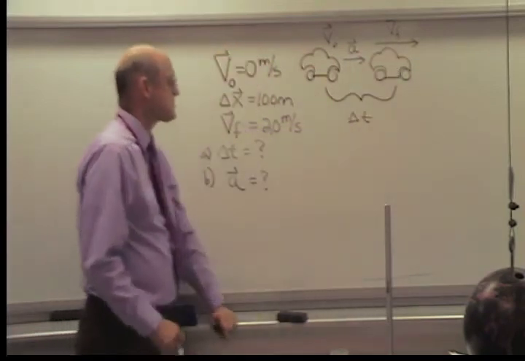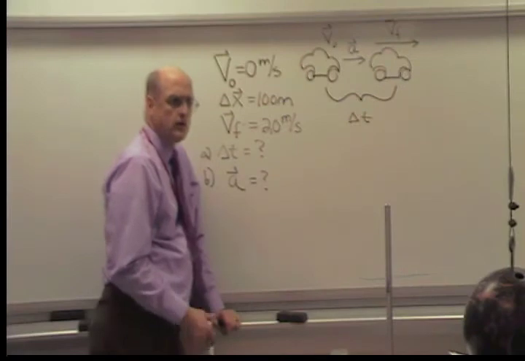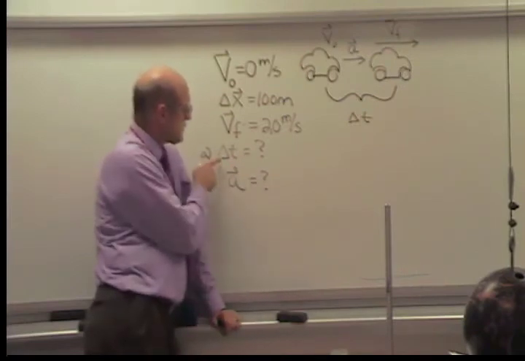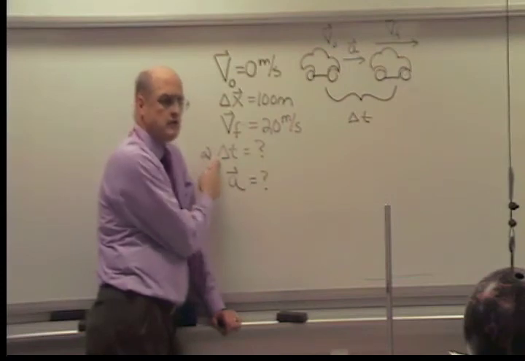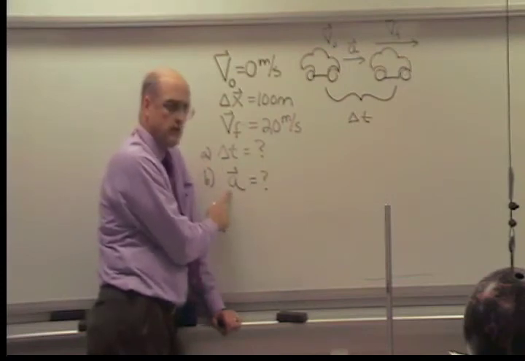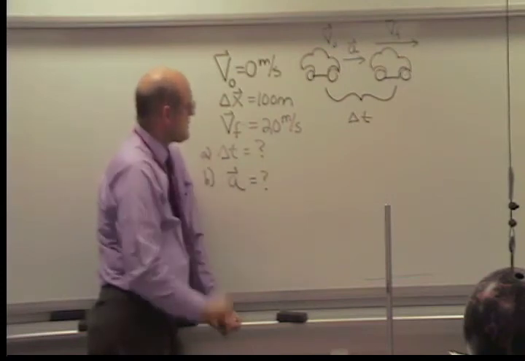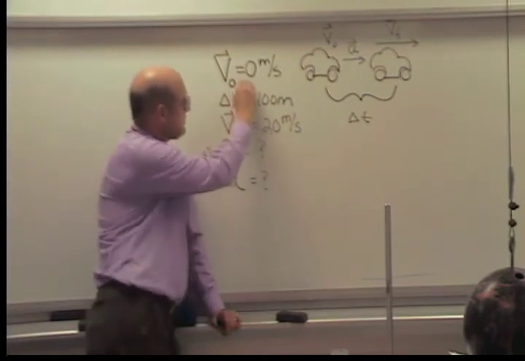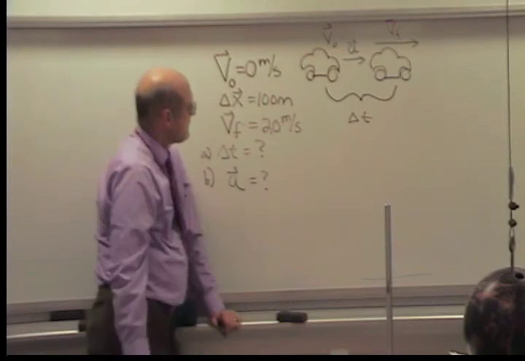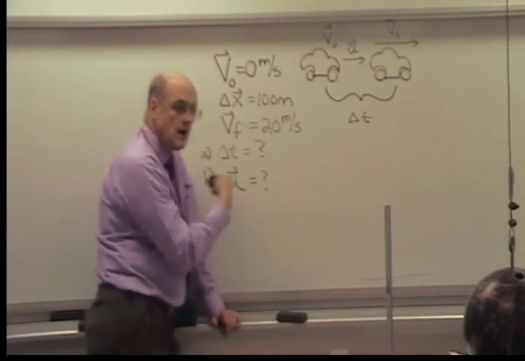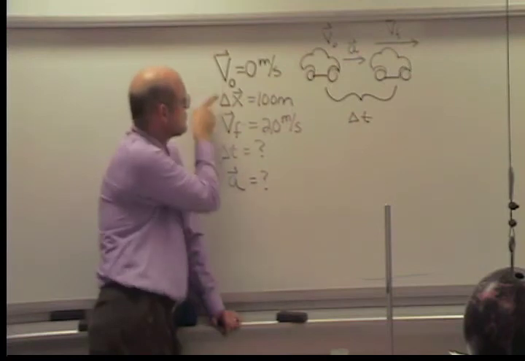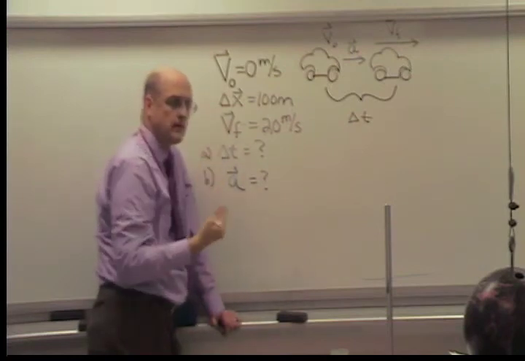Okay, the next step is to write down an equation which will allow you to find one of the unknowns. And I think we'll start with delta t. You don't always have to do that though. You could start with this one. But let's start with delta t. And if you look at what we know and what we're trying to find, you can see that since it's a constant acceleration, we can find the average velocity by adding these two velocities together and dividing by 2.